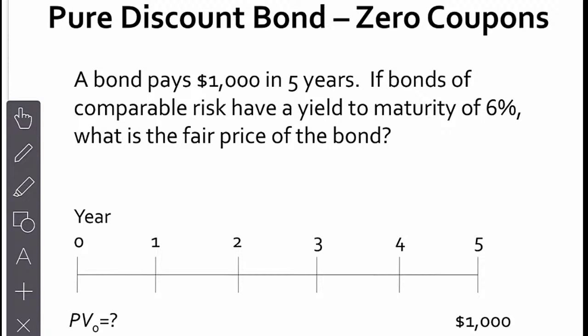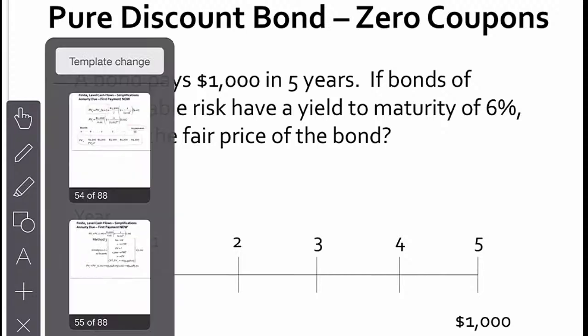Actually, I have the bond stuff here. I think I have the growing annuities later. Okay, maybe it's out of order, but okay, let's do bonds now.